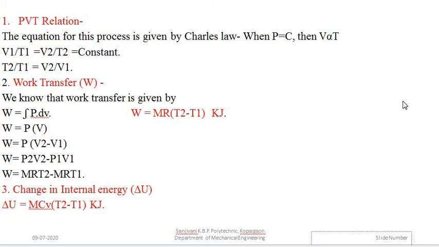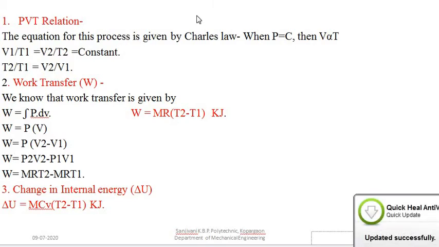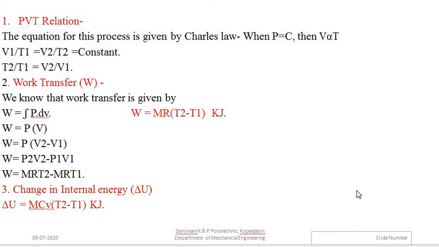Now going for the thermal analysis, the first parameter of analysis is the pressure volume temperature relation for the constant pressure process. We know that the governing equation is given by Charles law, that is, when pressure is constant, then volume is directly proportional to the temperature. So V is directly proportional to T, therefore V by T is equal to constant.